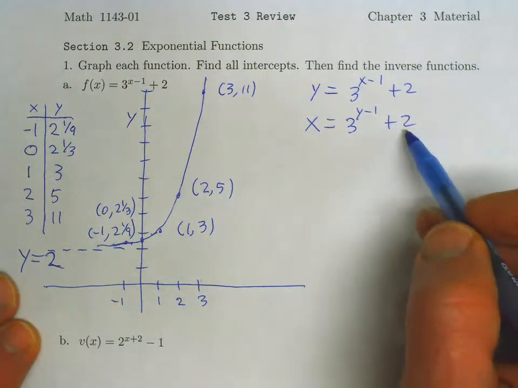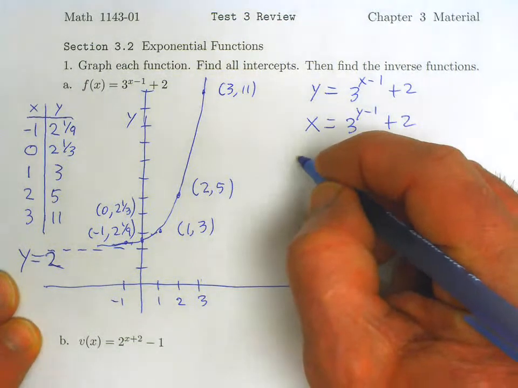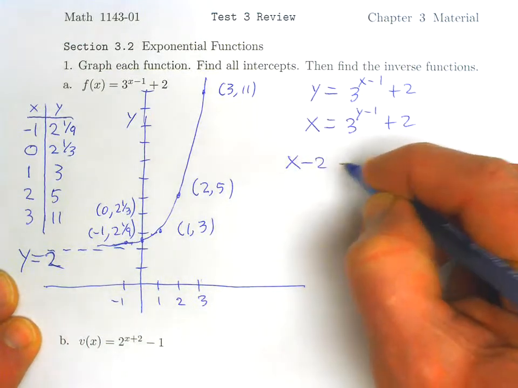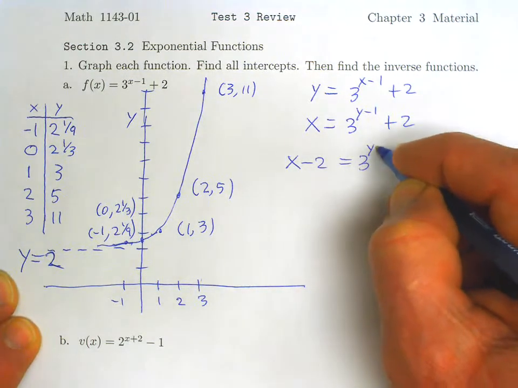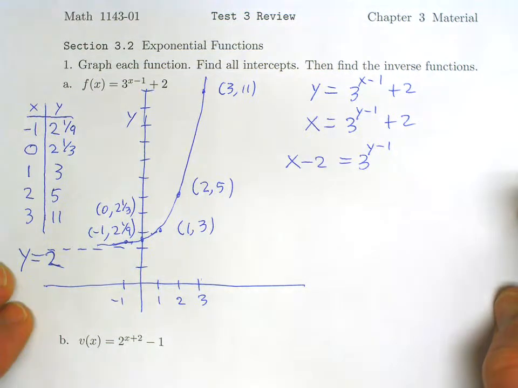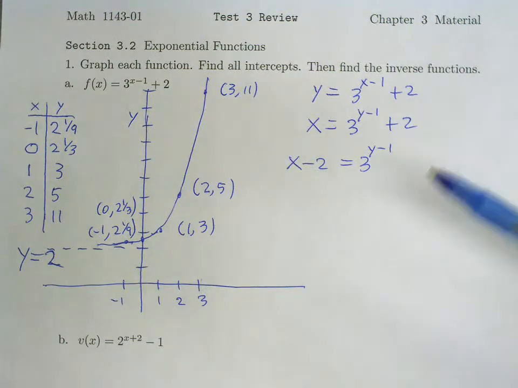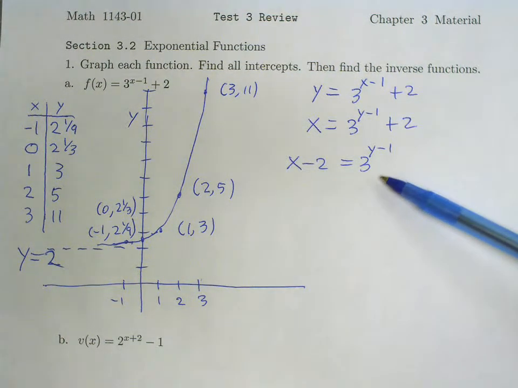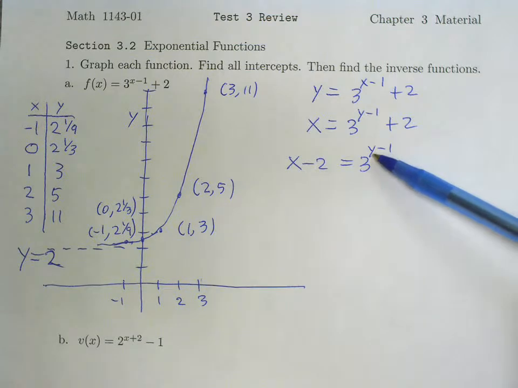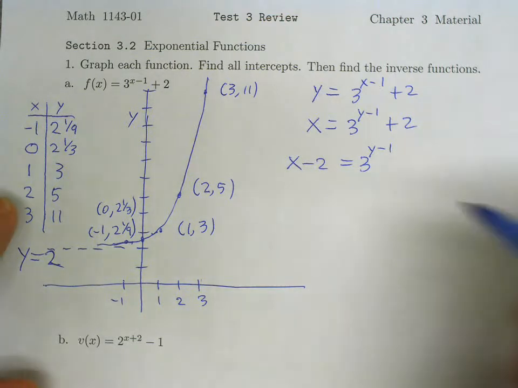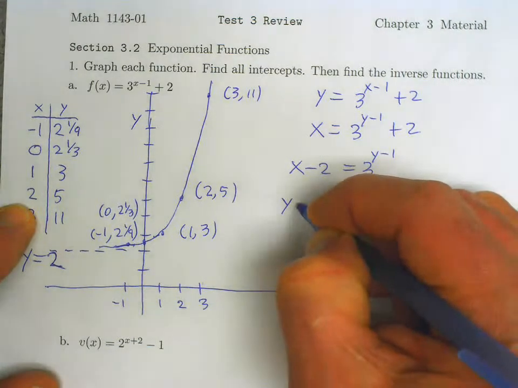Okay, the first thing we do is subtract 2 from both sides. So we get x minus 2 equals 3 to the exponent y minus 1. And then we can convert this exponential equation into its logarithmic equivalent. The exponent is y minus 1. Remember, exponents are equal to logarithms.